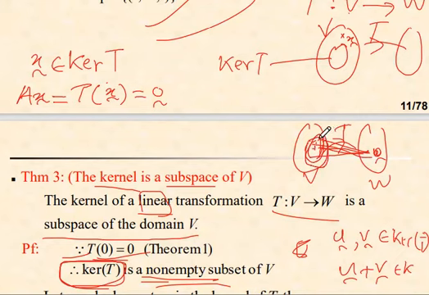So the kernel is a subspace of V, and if you write this linear transformation in matrix form, the kernel is the solution space of the homogeneous system AX equals 0. That is clear, I think.